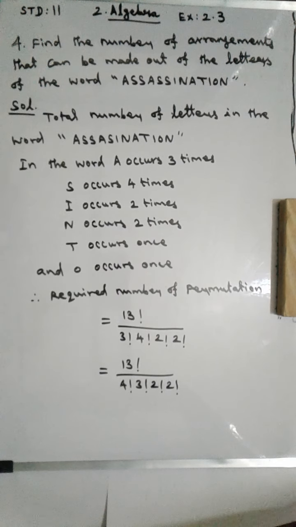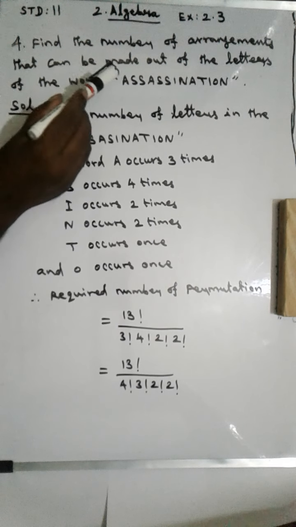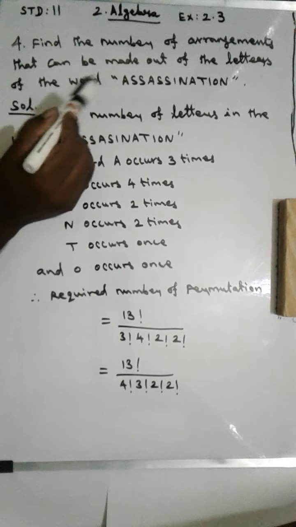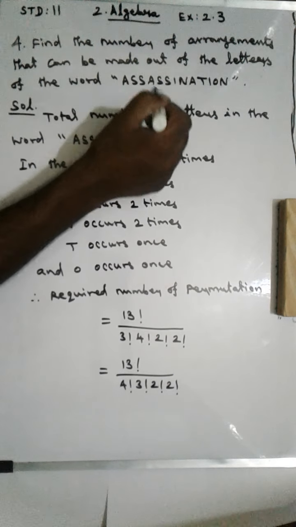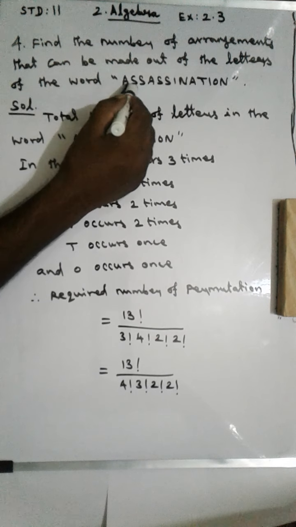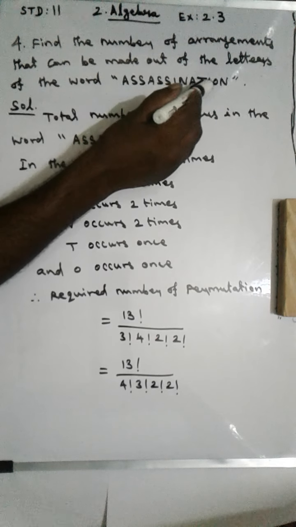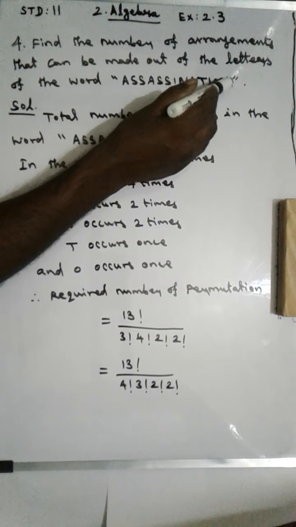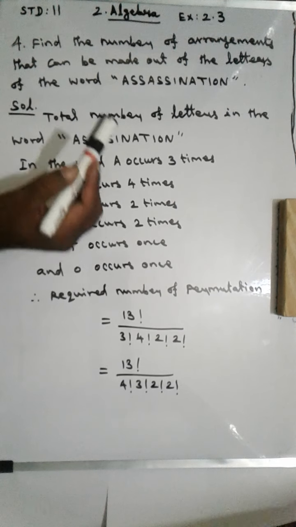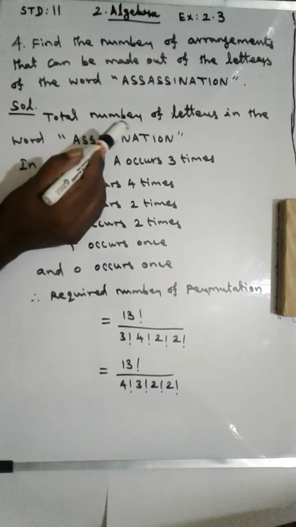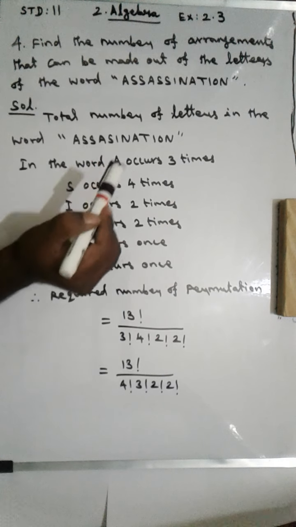Fourth sum. Find the number of arrangements that can be made out of the letters of the given word. How many letters does this word have? 1, 2, 3, 4, 5, 6, 7, 8, 9, 10, 11, 12, 13. The total number of letters in the word assassination is 13.